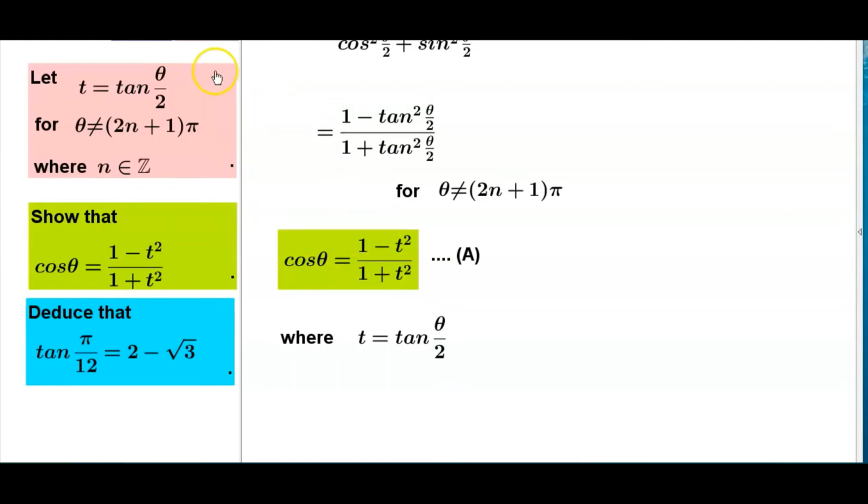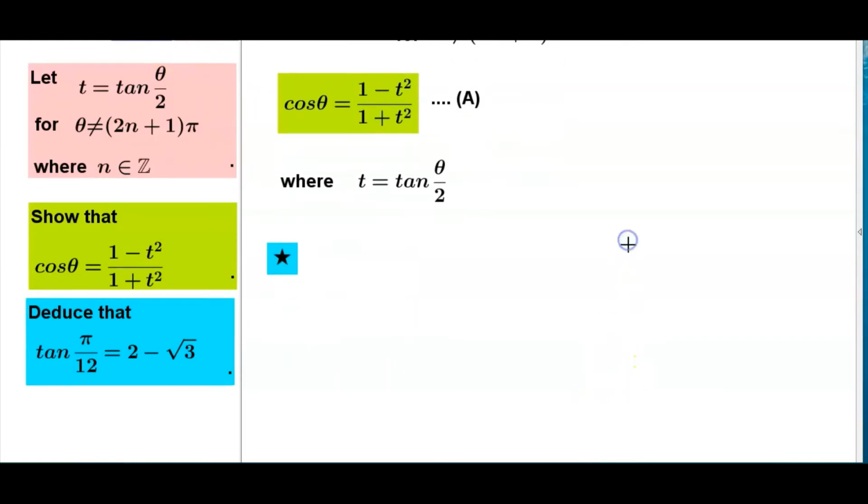Let this be equation A. Now we consider the last part: deduce that tan pi by 12 is equal to 2 minus root 3. Here we use a substitution: theta is equal to pi by 6.